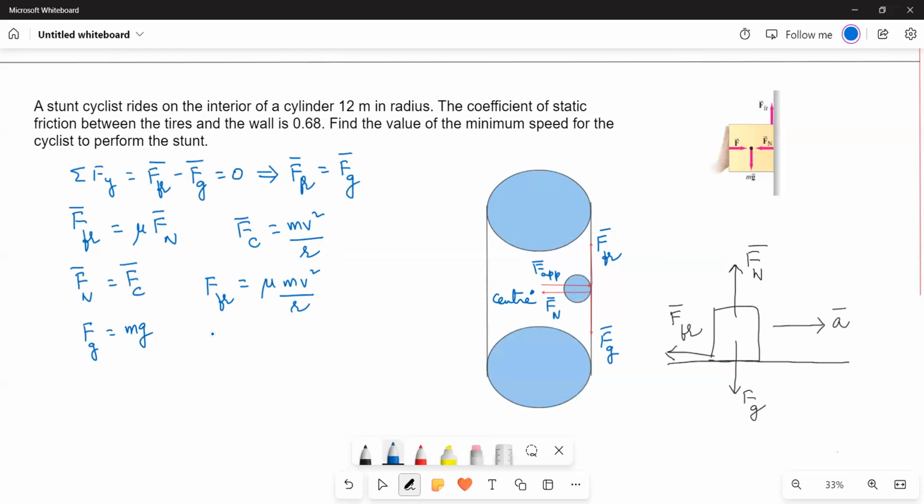Therefore, F friction is equal to mu mv square over r is equal to mg. The m cancels out, and we are left with v square is equal to rg by mu. So v is equal to square root of rg by mu.